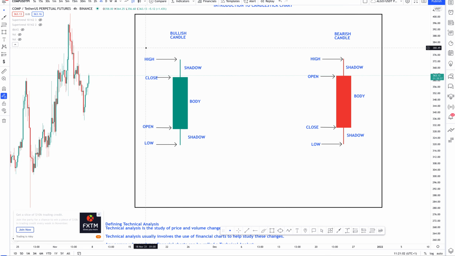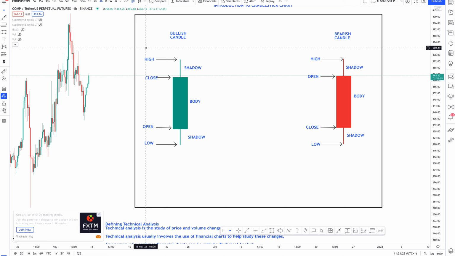Japanese candlesticks, right? So okay, candlestick anatomy: candlestick charts are one version of price charts, right?